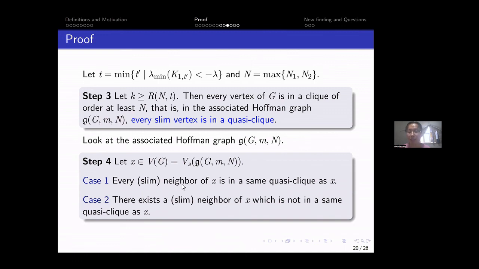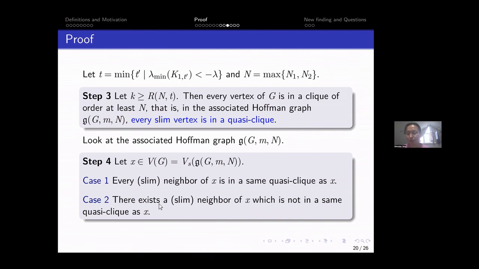The first case is we look at this associated Hoffman graph and choose a slim vertex, because if we want to show our main result, we want to show that in this associated Hoffman graph, the 2 slim vertices at distance 2 in G have at most lambda square times lambda minus 1 common neighbors. Because of the time, I will only show case 1.